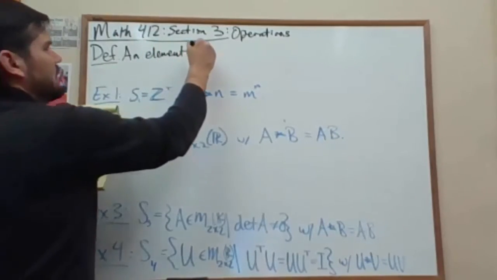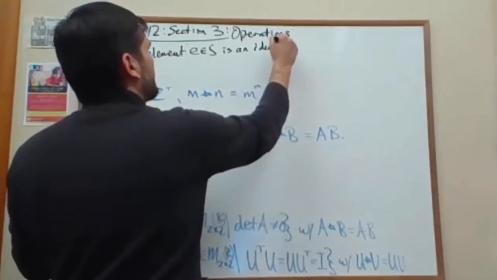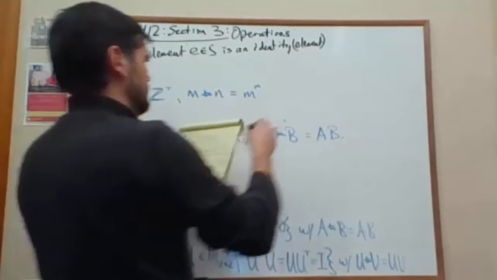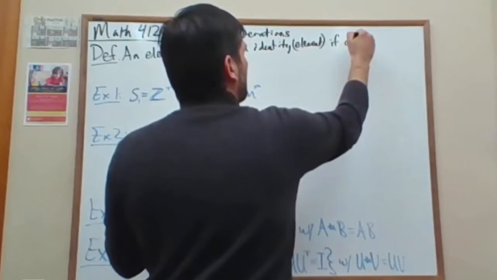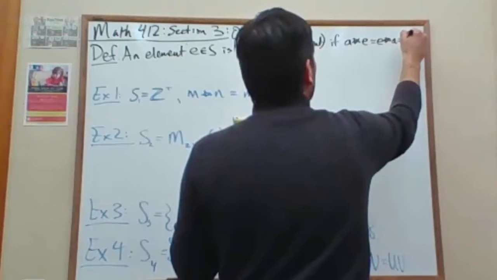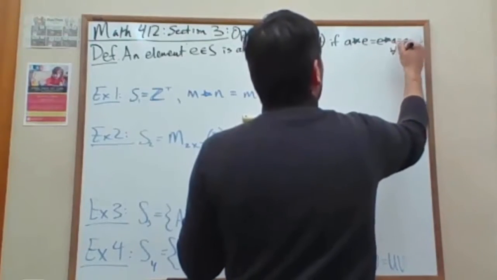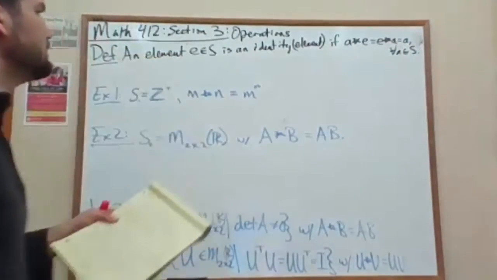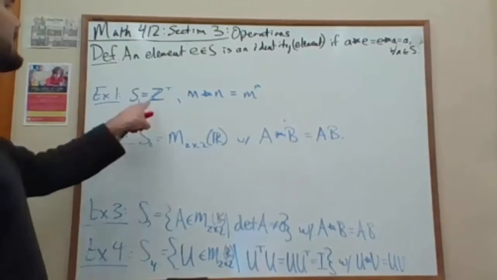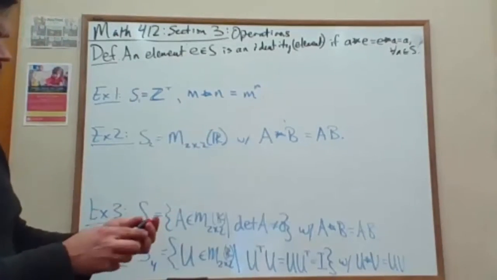An element E in the set S is an identity element, or just an identity, if A times E equals E times A equals A for all A in S. This is checking to see if the set includes the identity element for this operation.